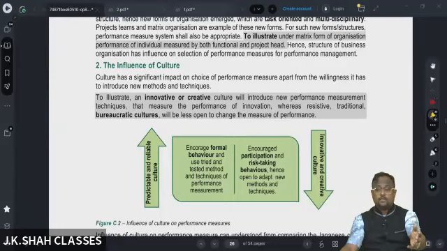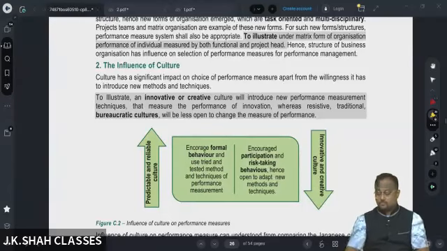आपने अपने सबऑर्डिनेट्स में वो कल्चर इम्प्लांट कर दिया या इंस्टिल कर दिया है.